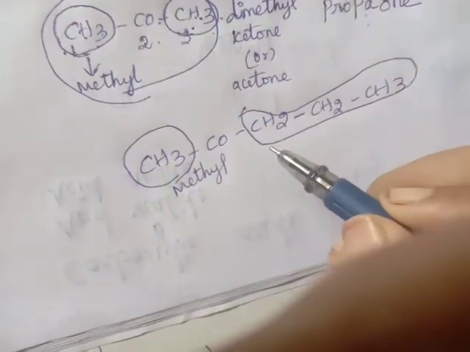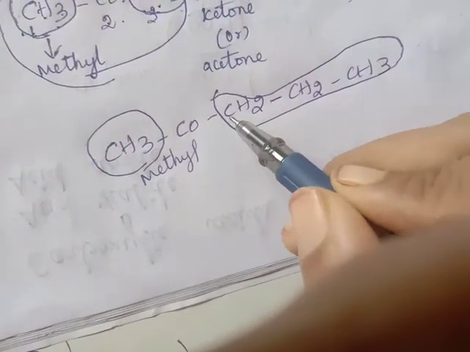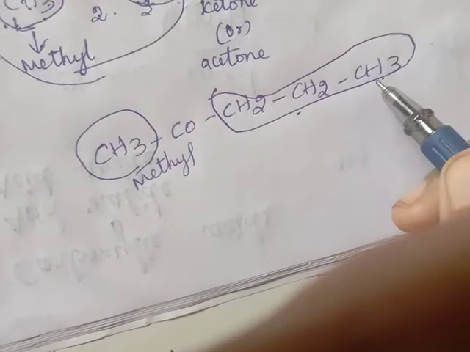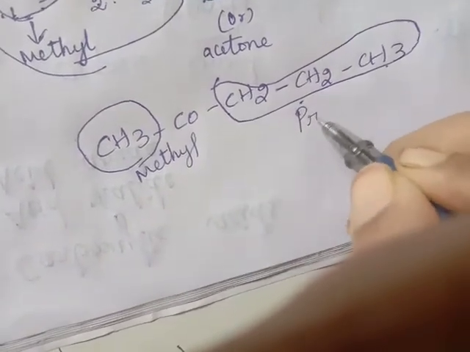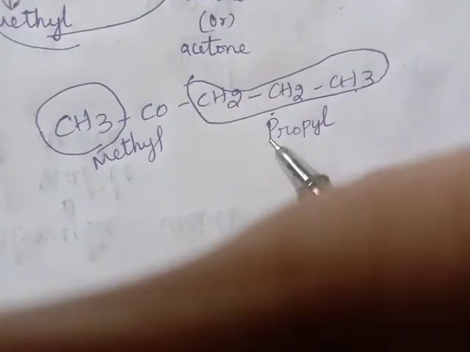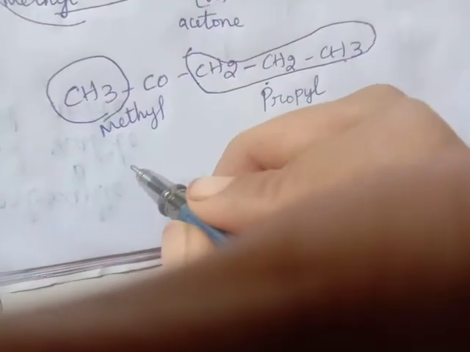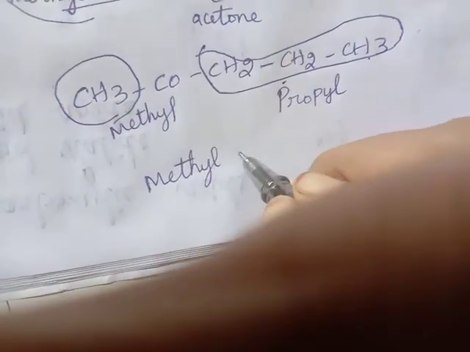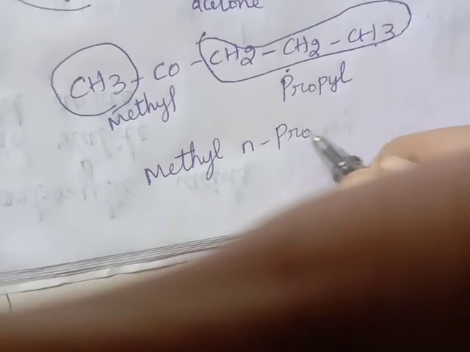This is a propyl group. How do we say this is a propyl group? Because methane, ethane, propane: 3 carbon atoms are present here. So this is known as propyl group. So the common name of this ketone is methyl N-propyl ketone.